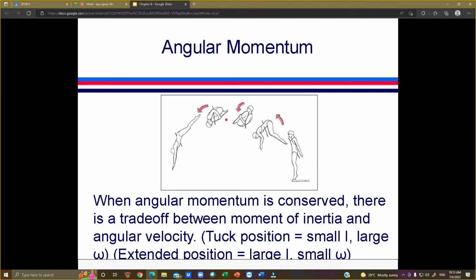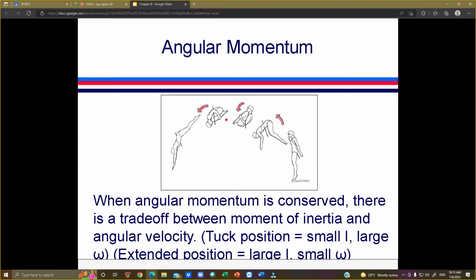However, if you end up with a staggering difference in angular momentum between phases, it will result in an uneven action, or you are not going to have the intended action. You intend to do a pike, but at the end of the day, it is actually a splash.